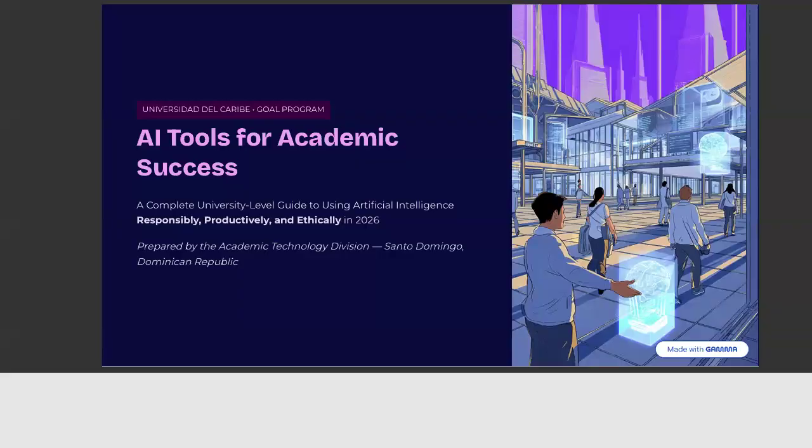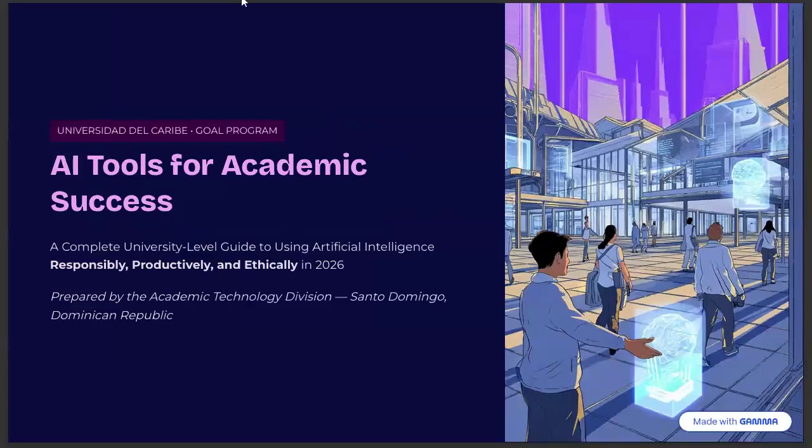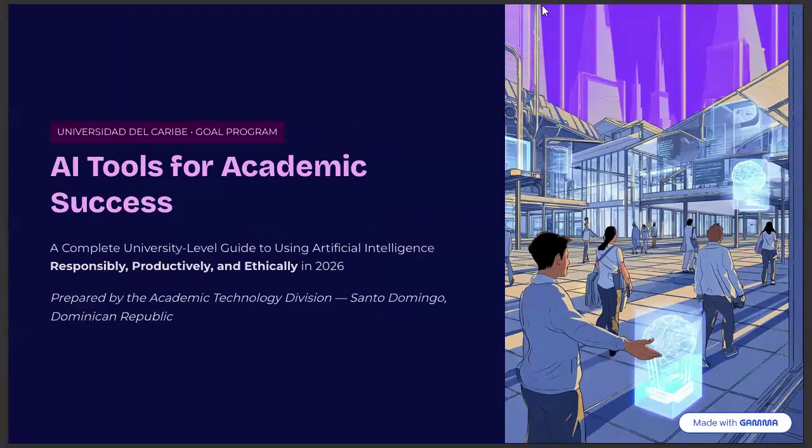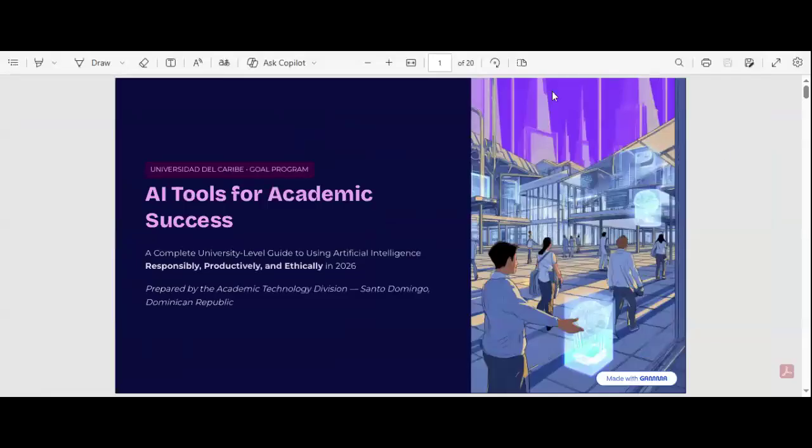Okay, so let's do this. Let me see what I got here. AI tools. Here I have the tools. I have 20 here. AI tools for academic success.